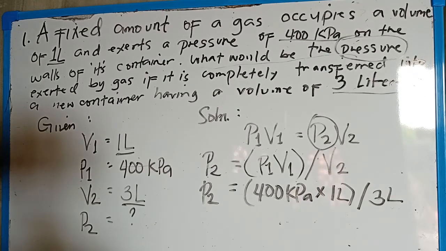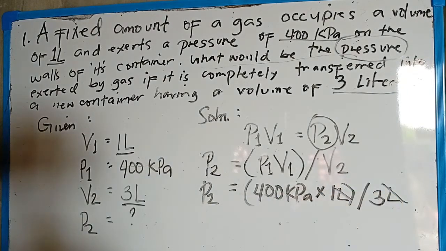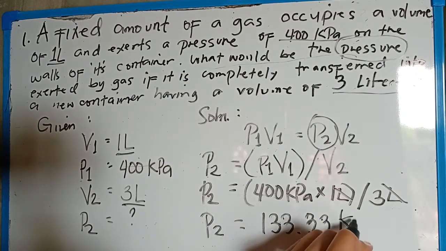Since it is the pressure that we are looking for, we can cancel out the liters. So 400 times 1 is 400, divided by 3. Our final pressure is equivalent to 133.33 kPa.